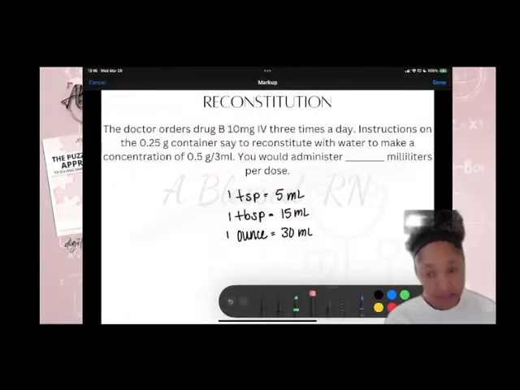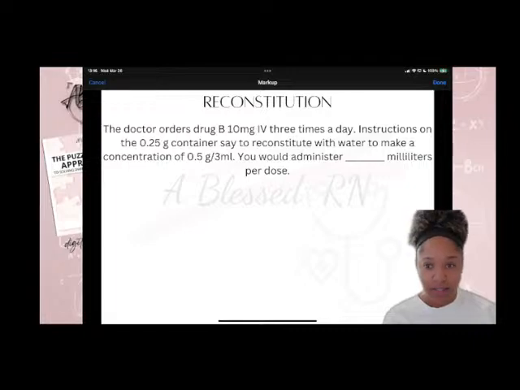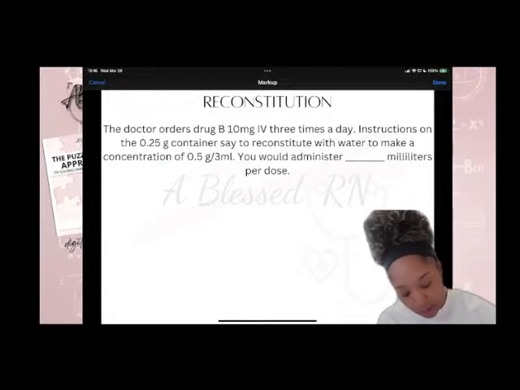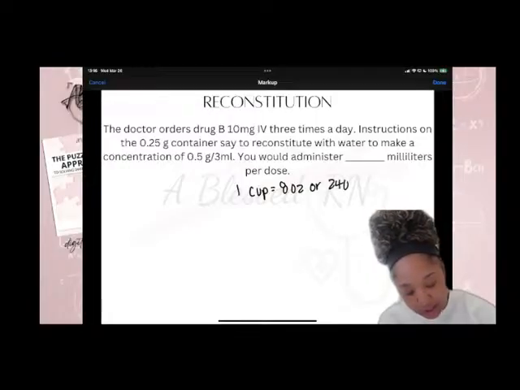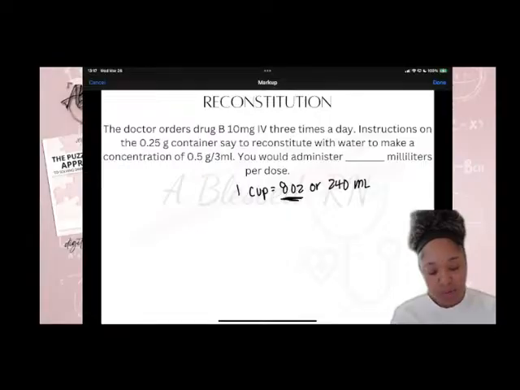All right? The bigger parts of your liquids are going to be your cups, pints, quarts, and gallons, right? So 1 cup equals 8 ounces or 240 milliliters. If you know this one, you can deduce and get this one, okay? So 1 cup is 8 ounces.